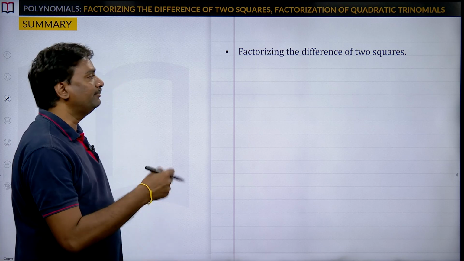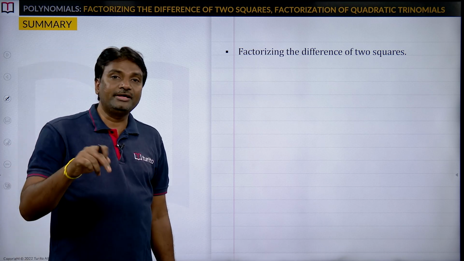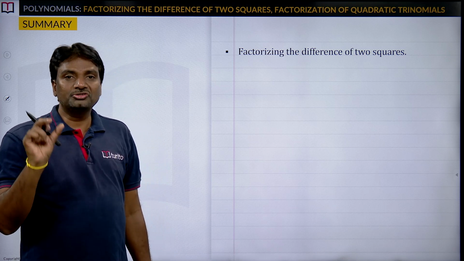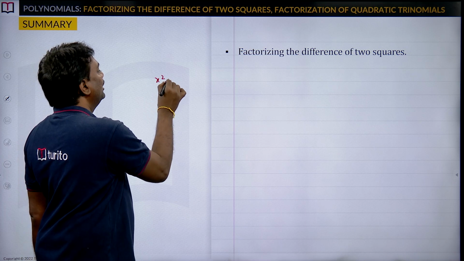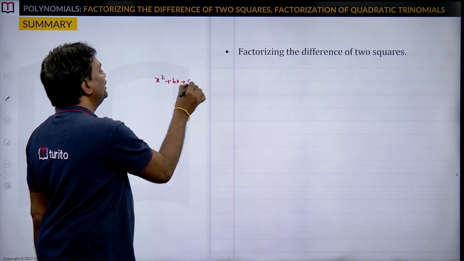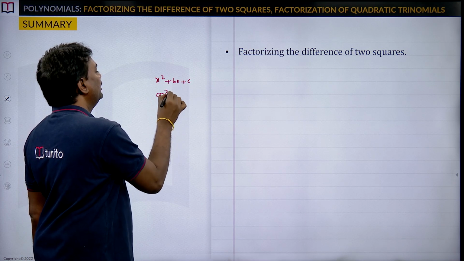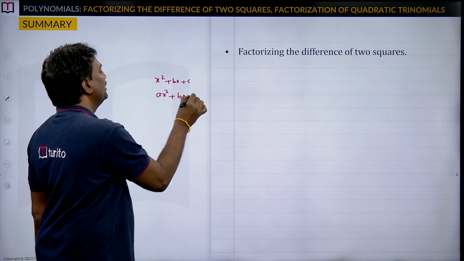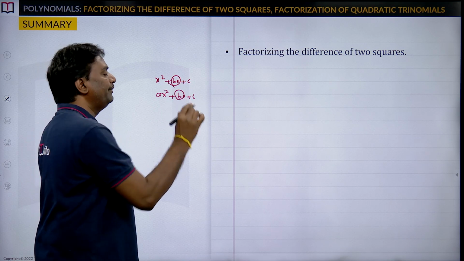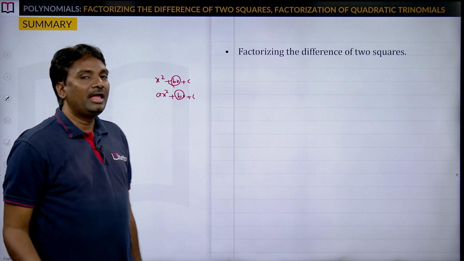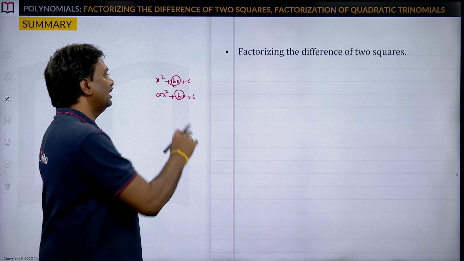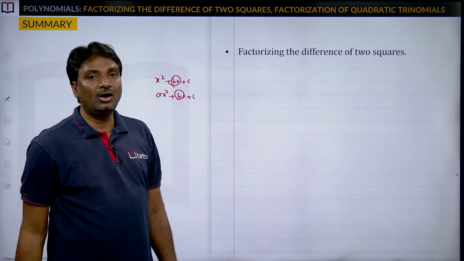In both polynomials, the middle term is b only. According to the middle term, you can take the factors of c or ac.